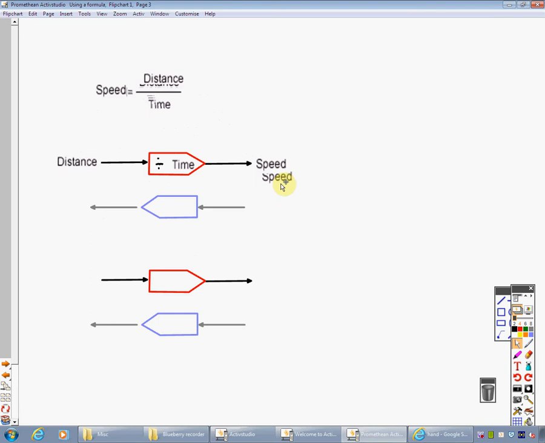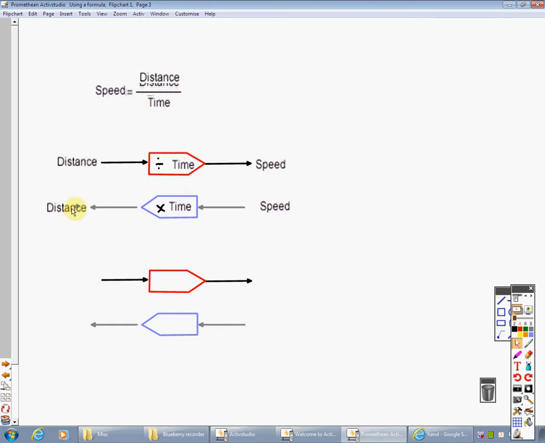If we know the speed, we can undo the operation. The opposite of dividing by the time will be timesing by the time, or multiplying by the time, which will give us the distance.